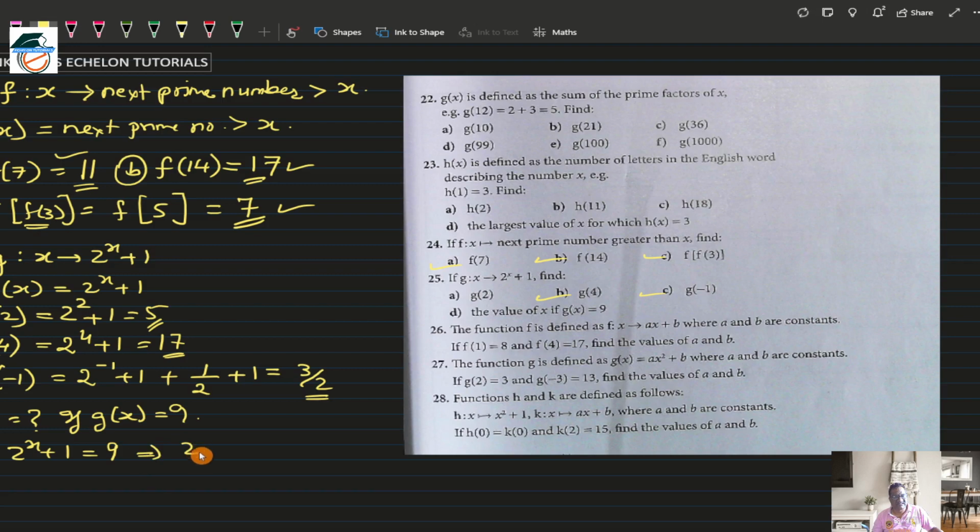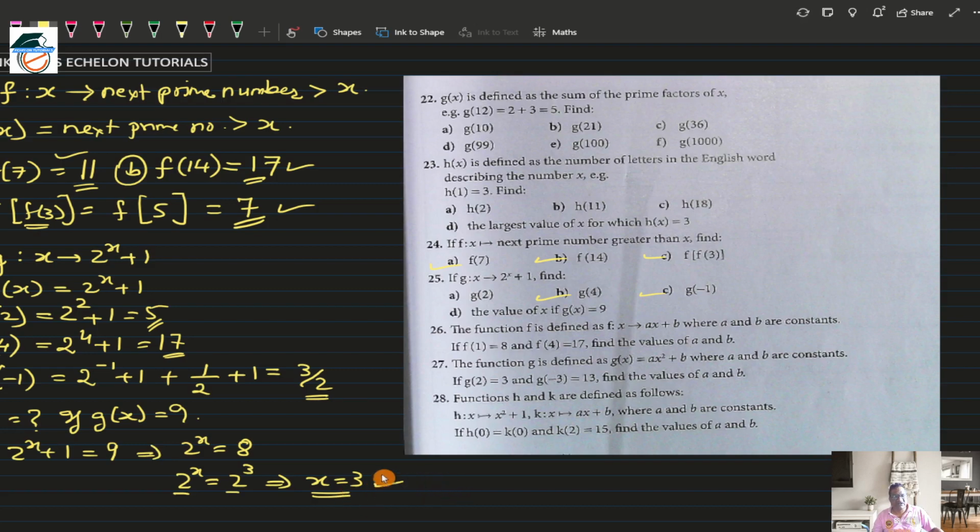This can be written as 2 raised to x equal to 9 minus 1, which is 8. Now 2 raised to x can be written as 2 raised to 3, instead of 8, I will write 2 raised to 3. Since the two bases are the same, 2 and 2, the powers you can equate. So x will be equal to 3. For D, the answer for x is 3.